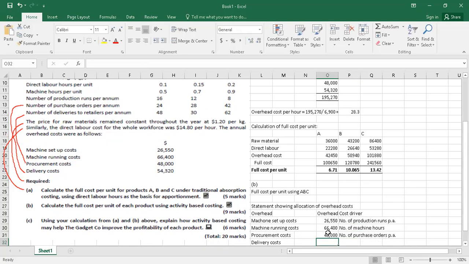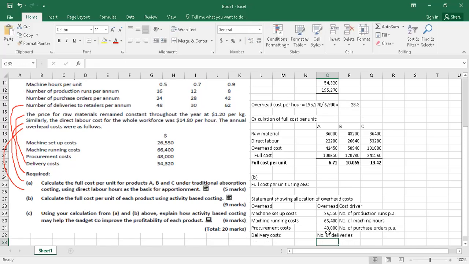After that, delivery cost, with the cost driver being number of deliveries to retailers. The amount is 54,320.